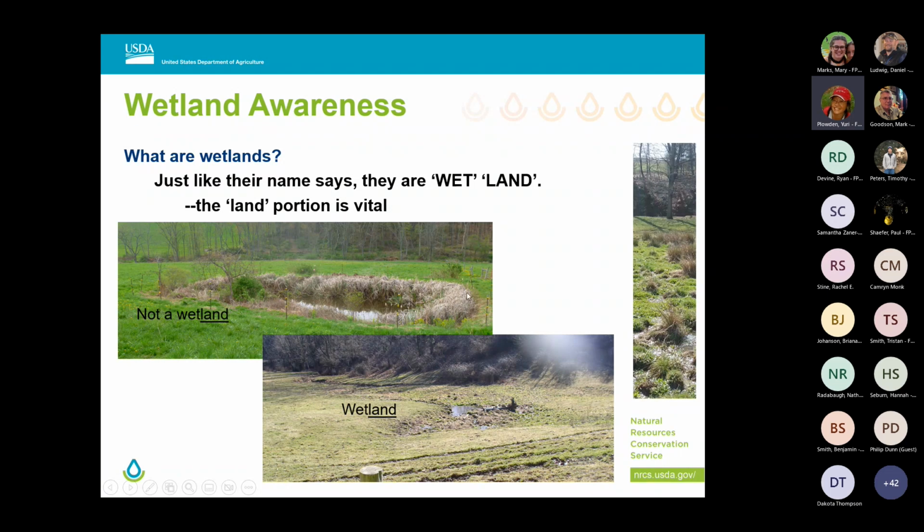Now there's probably wetlands around this rim where you have all 3 criteria, but the pond itself and many ponds are not considered necessarily wetlands. And then this bottom, this is a wetland. You can see it's smushy, it looks wet.